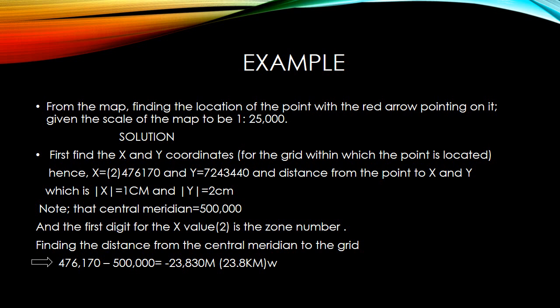We can also convert that into kilometers and show the western side, and then eliminate the negative sign. So you're going to have 23.8 kilometers west. That means that this particular grid is at a distance of 23.8 kilometers from the central meridian.